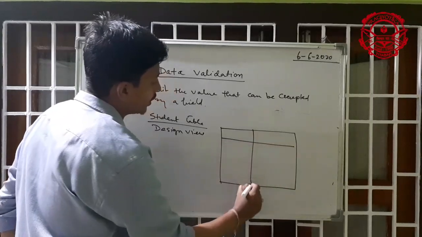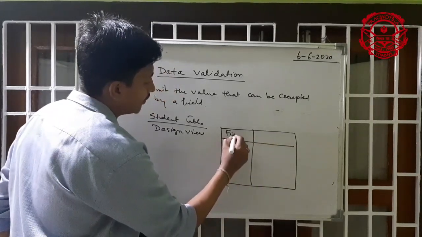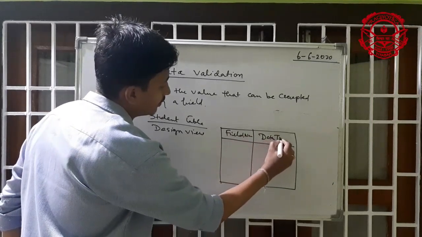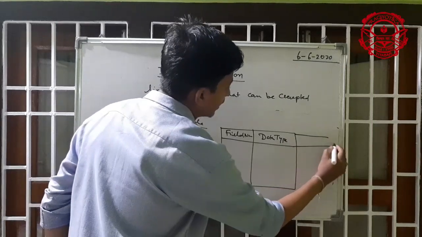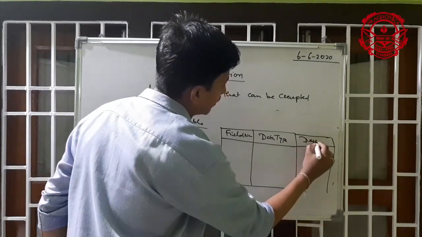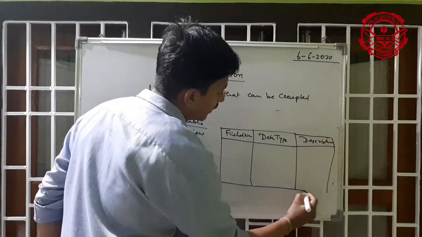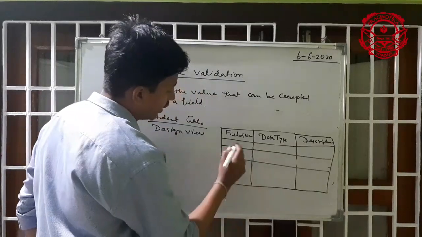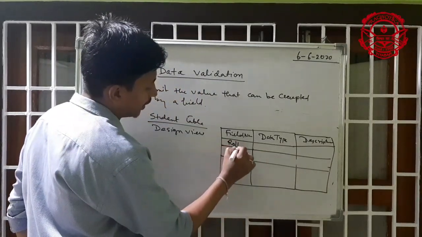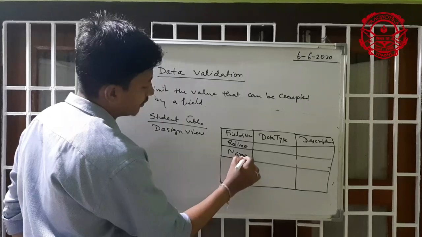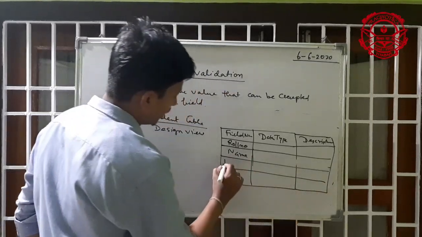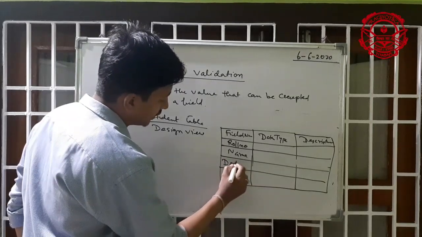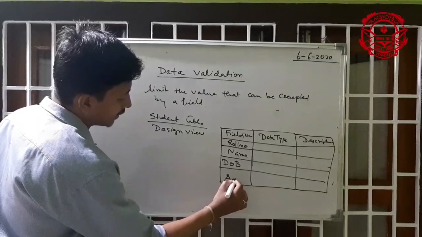Okay, in design view, first field name, data type, and this is the description field. Okay. In the field, you write first roll number, name, date of birth, okay, and address.